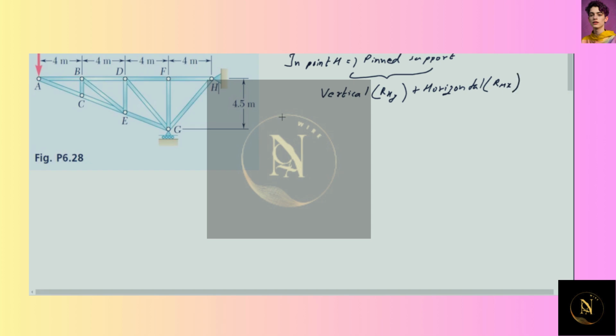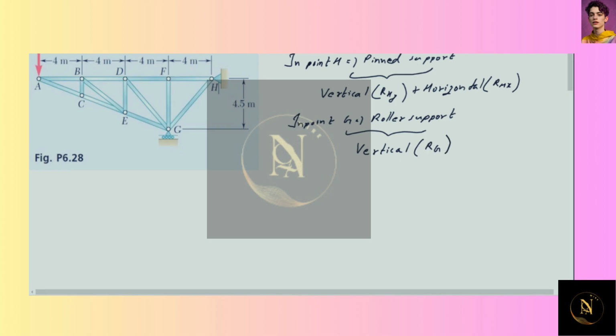Now in point G there is another type of support. You can observe that is a roller support. So because of this type of support there will be another reaction, that will be a vertical reaction, and let's name that vertical reaction as RG.